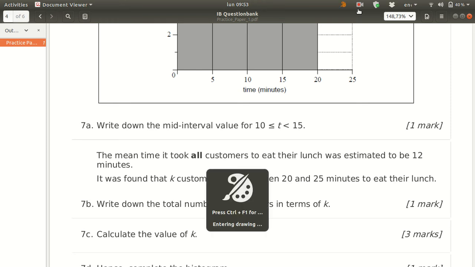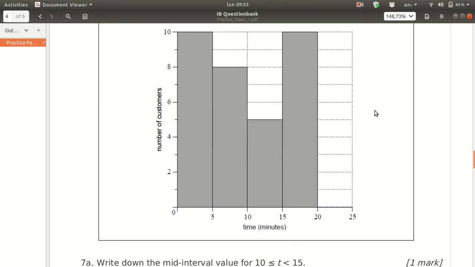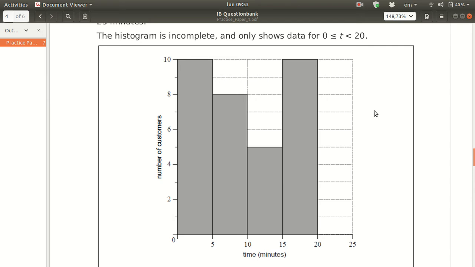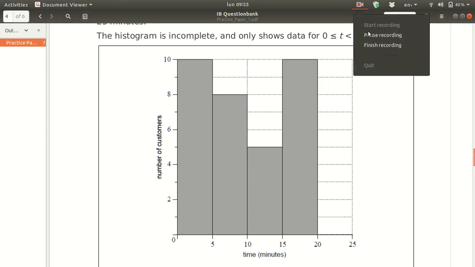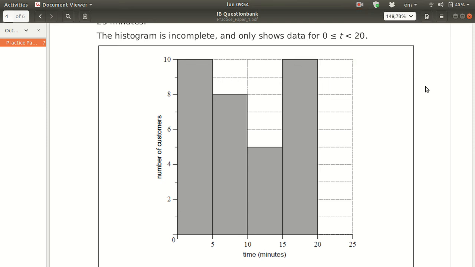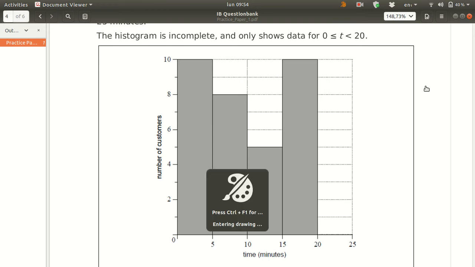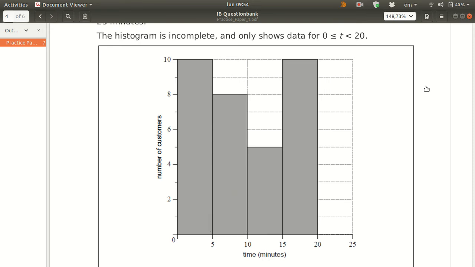So remember, for this diagram, the way to find the estimate of the mean is to do the mid-interval value multiplied by the frequency and then divide by the total. For this first part, we only have to find the total number of customers. So let's figure out how many customers I have in the intervals.